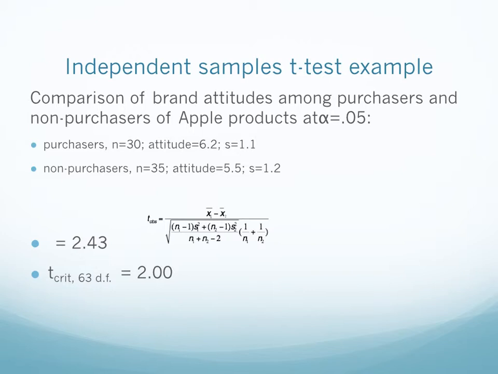So here's another problem representing an independent samples t-test. Compare brand attitudes among purchasers and non-purchasers of Apple products at an alpha of 0.05. So brand attitude is assessed here with a 7-point scale.